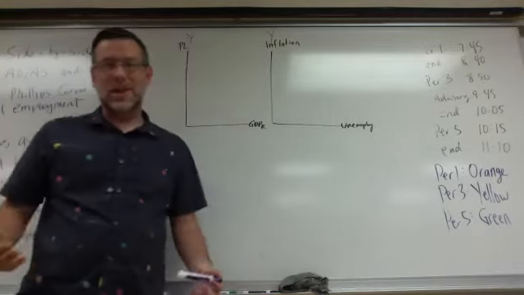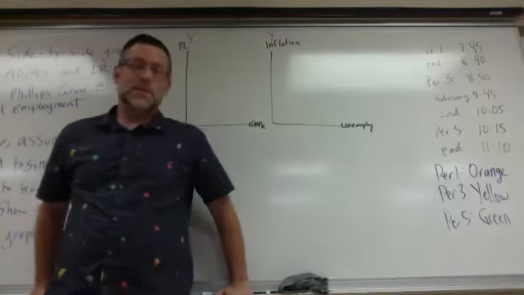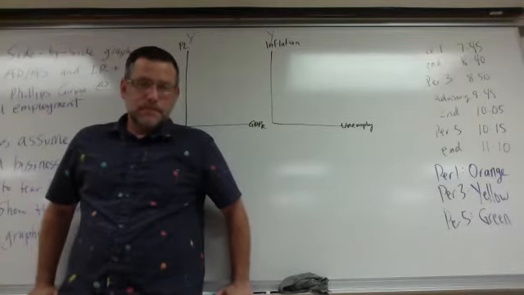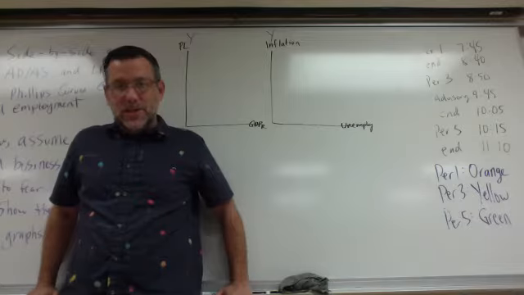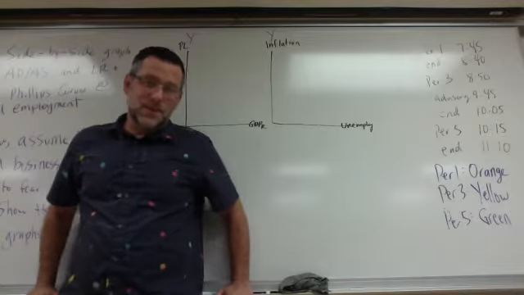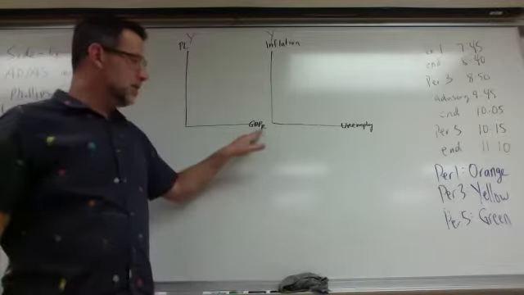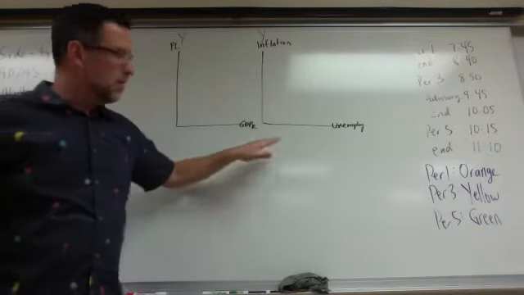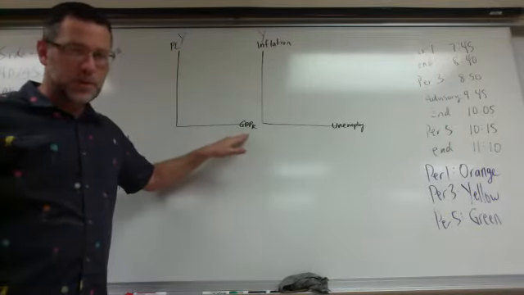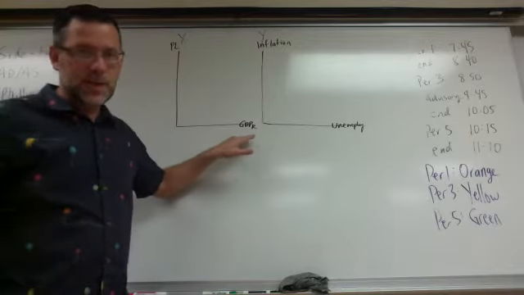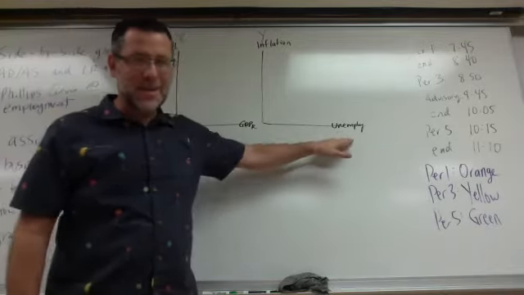Well, what's the relationship between GDP and unemployment? The relationship between GDP and unemployment is that they're opposites. This is production. This is the opposite of production. The more output we produce, the more workers we need. The more workers we're using, the lower unemployment gets.